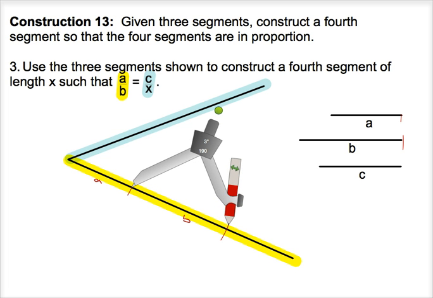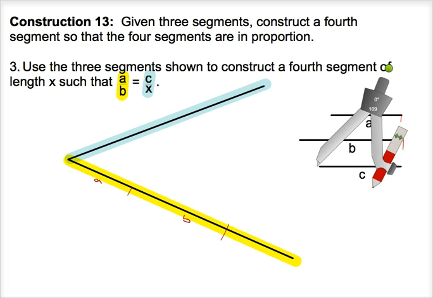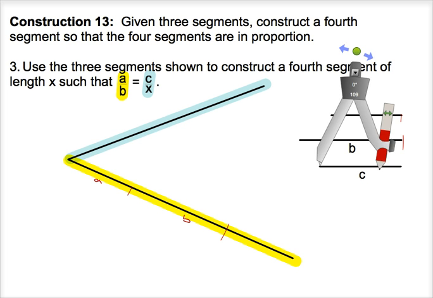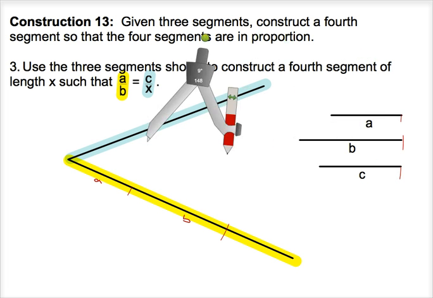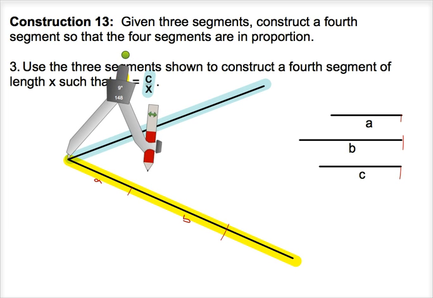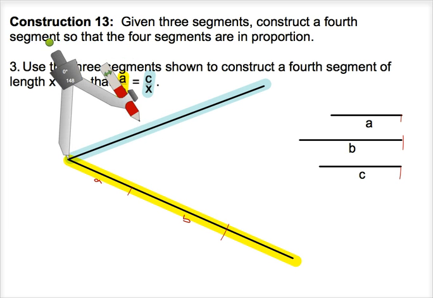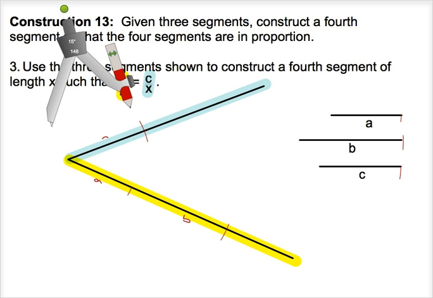So I have a and b on the bottom. Now to do c and x. So if I have a and b on one side, I'm going to have c and x on the other side, but I don't know how long x is.